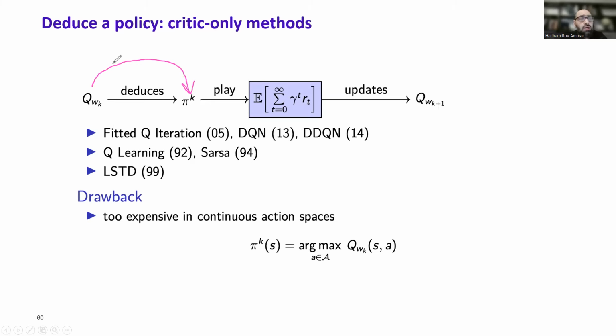And the way we are going to deduce the policy is by, for example, being greedy in the Q, meaning that we take the argmax with respect to the action of the Q. Remember, the Q function is a function that maps from states cross actions to real numbers. So we have Q of s and a, Q of state and action. And then what we're going to do is take the argmax in that Q with respect to the actions that belong to my action set, the allowable set of actions.